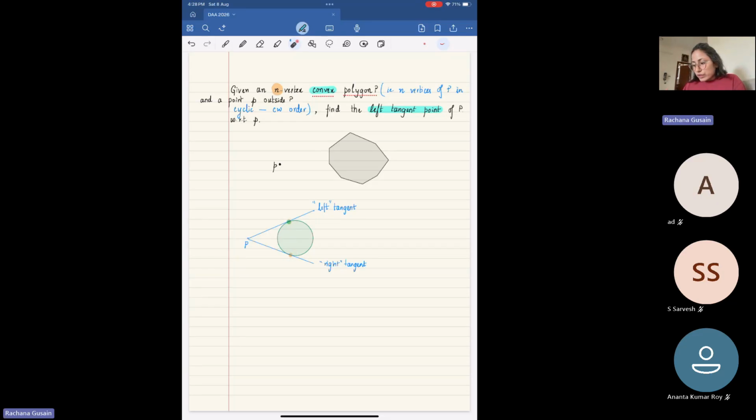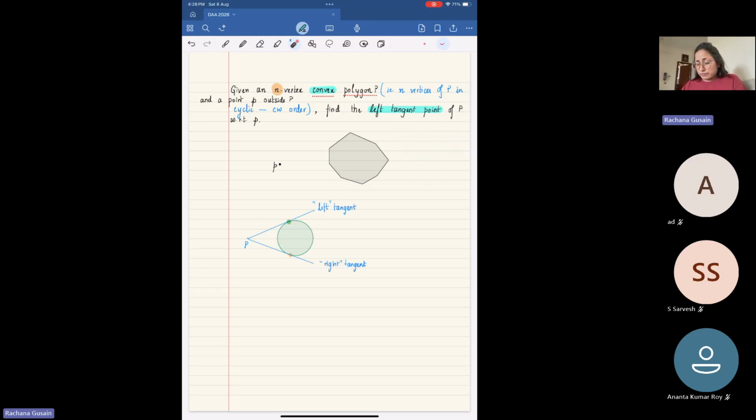Now we extend this notion of tangent lines to polygons. I'm given this convex polygon. Again, it's just a visual way of seeing this polygon. When I say as an input, all I'm given is these vertices in cyclic order, stored in an array.